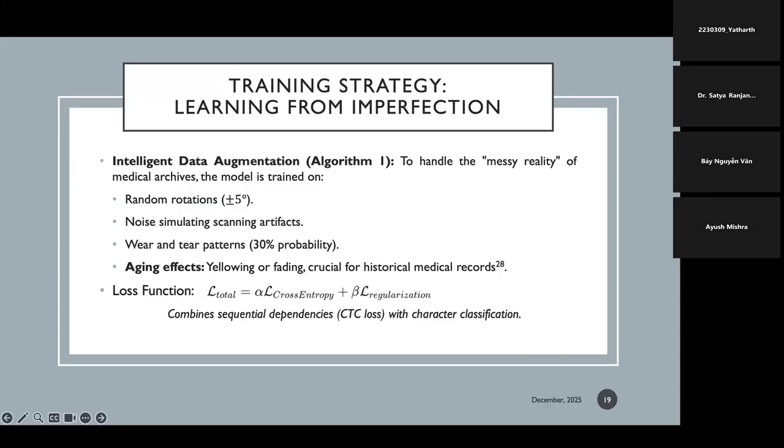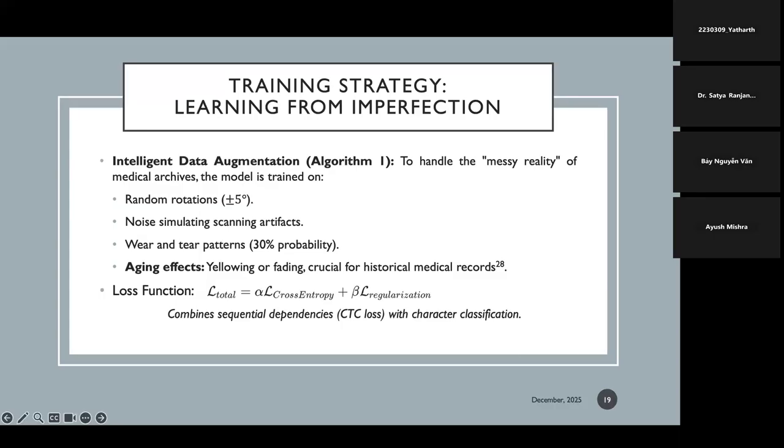Next, we add noise. This mimics the static and artifacts you get from the cheap old scanners found in many clinics. We even simulate physical damage with a 30% probability.